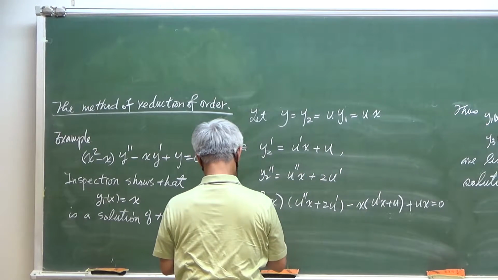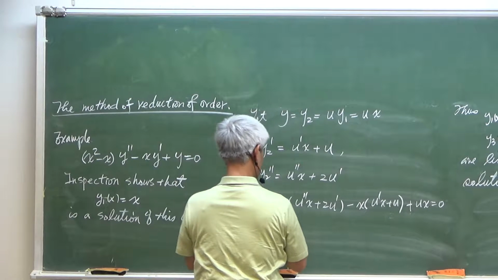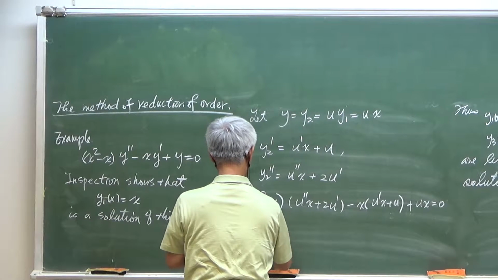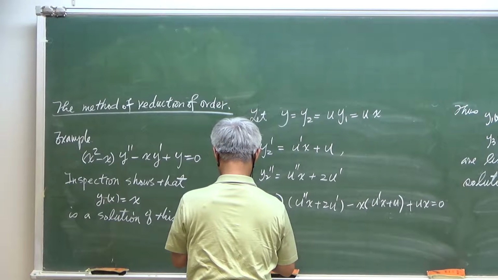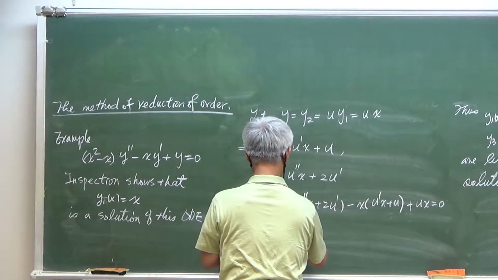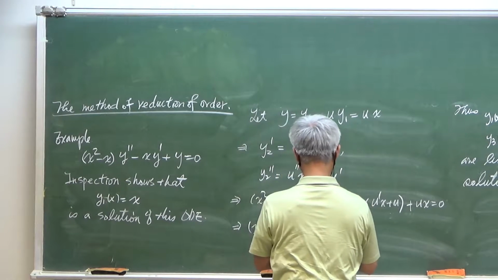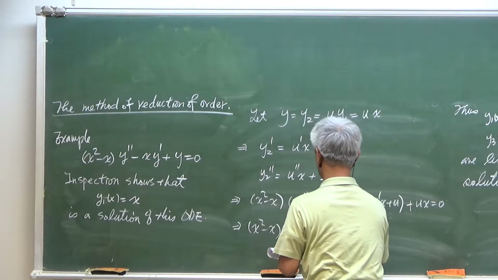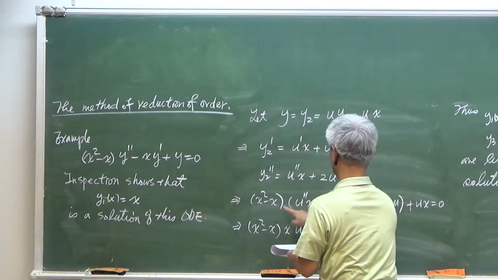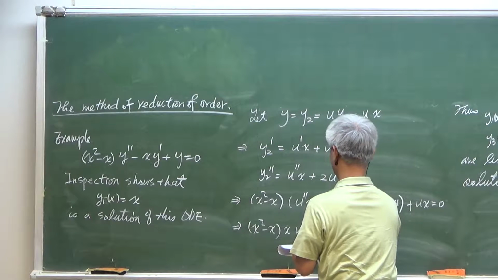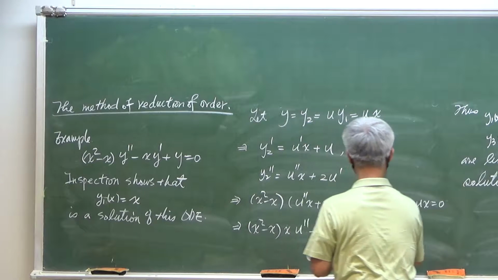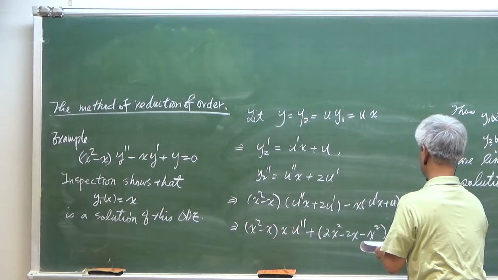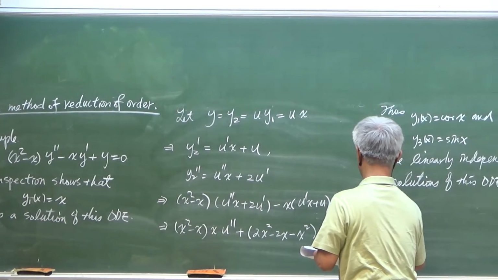Okay. So this implies x squared minus x times u double prime, plus 2 times x squared minus x u prime minus x squared u prime, plus minus xu plus ux is 0.